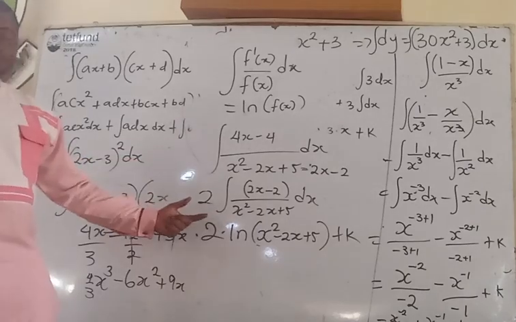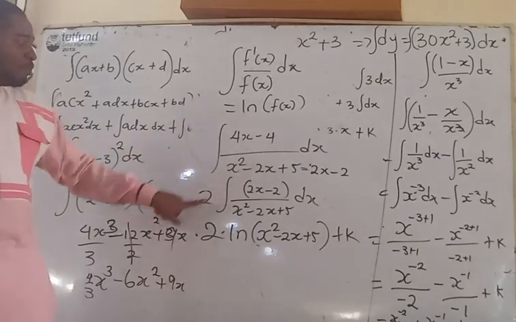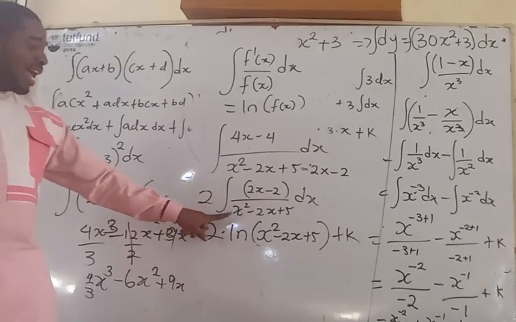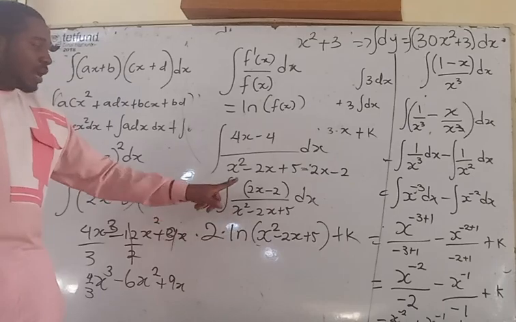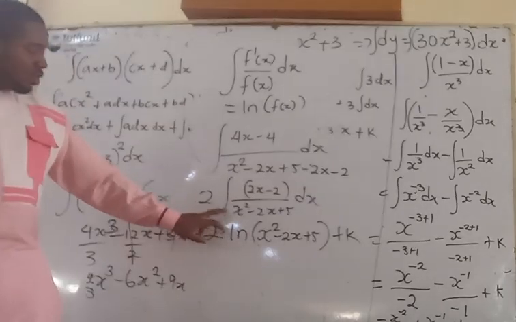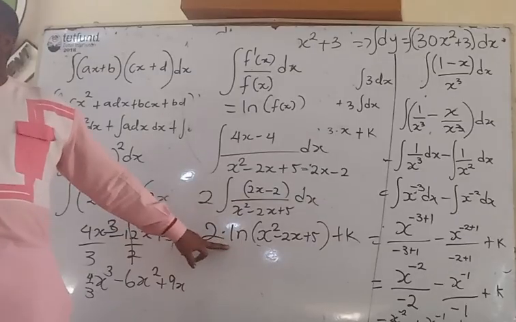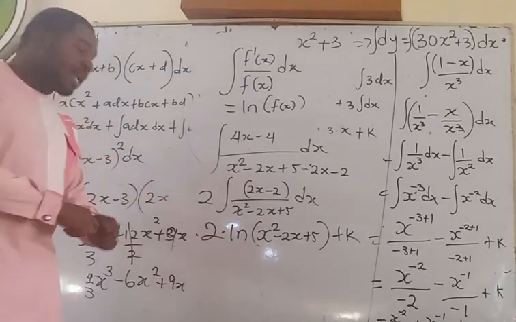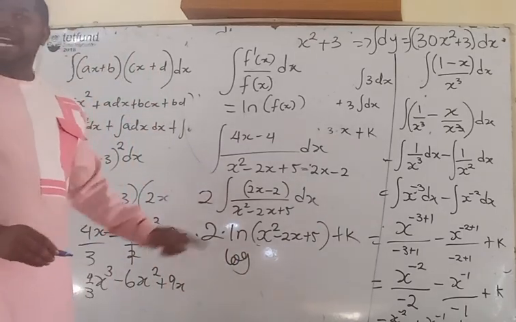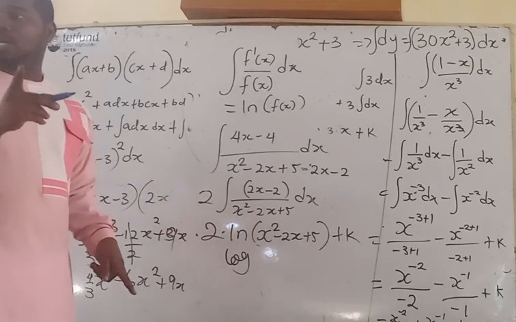So when I differentiate this, I got this, so my answer is ln denominator. This ln is natural log. I can write it as natural log, ln. This is on your calculator.